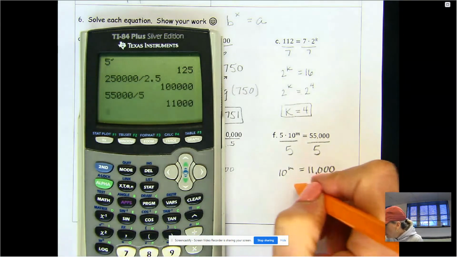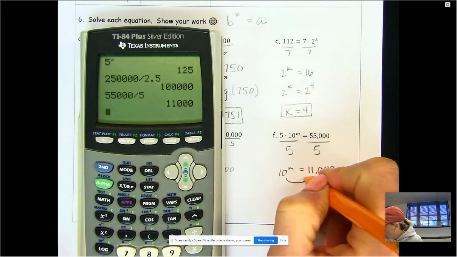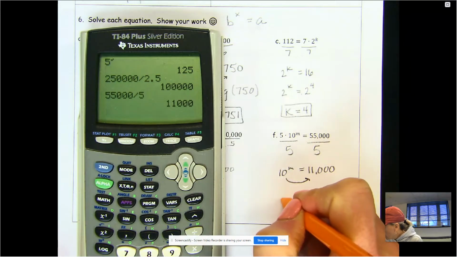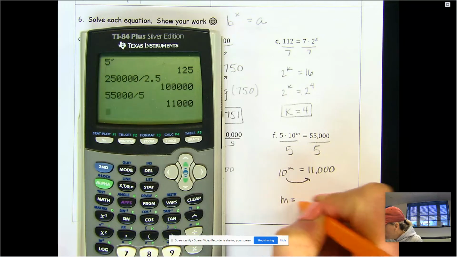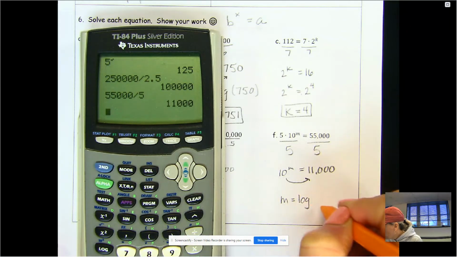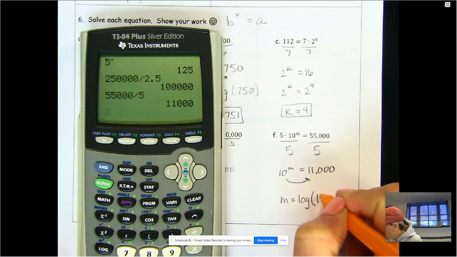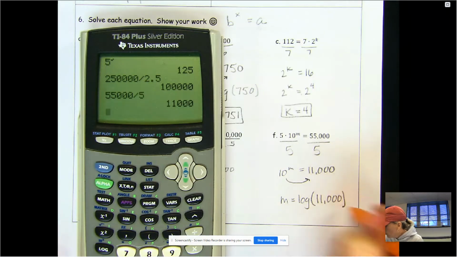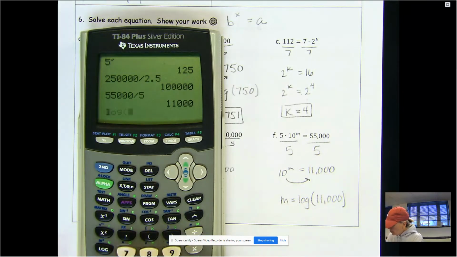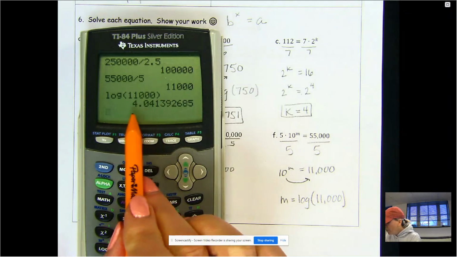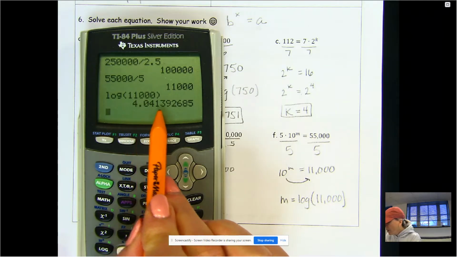So I'm going to use a logarithm, move the base of 10 over, using a log. So m is equal to the log base 10 of 11,000. And that is approximately 4.0414.